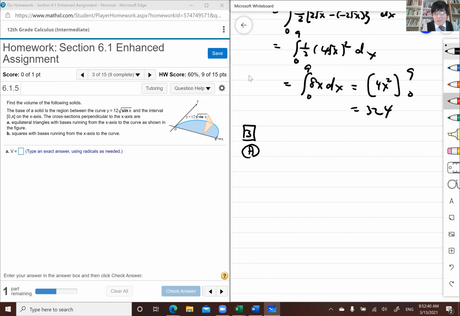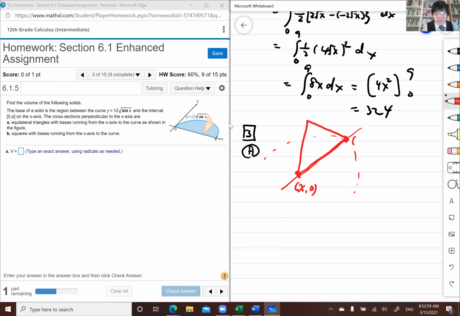So just look at this cross section. Okay, so let's say this is an equilateral triangle. Just pick any point on the x-axis, so that's going to be x0.